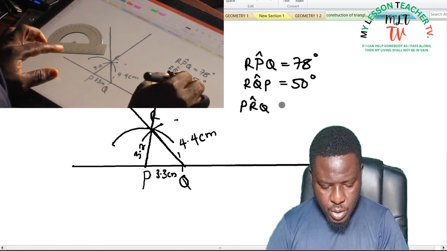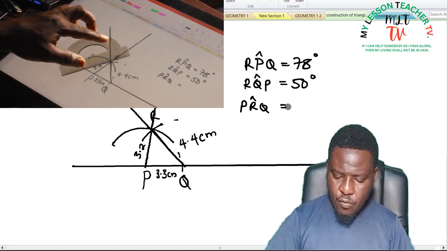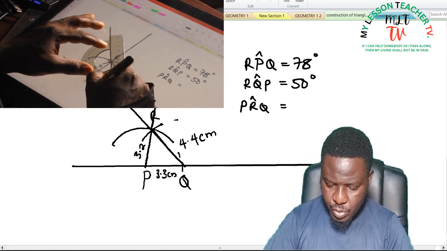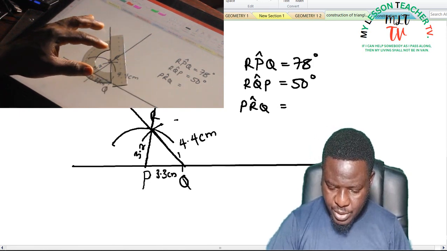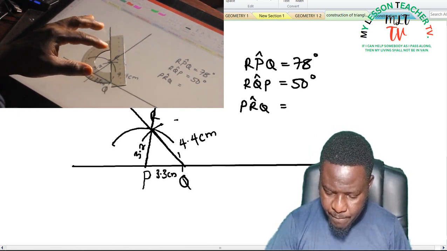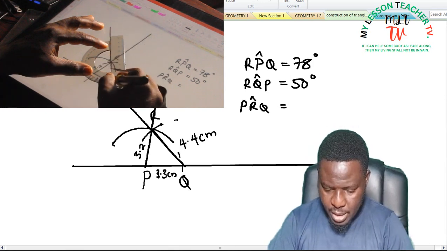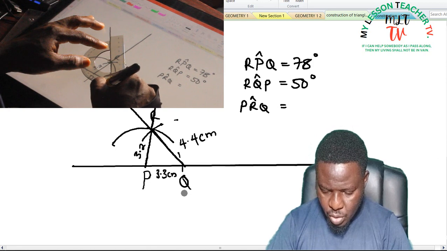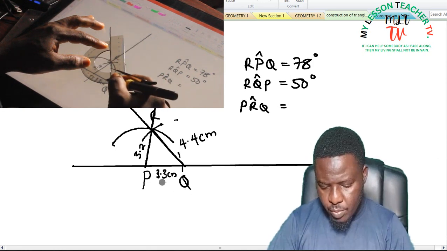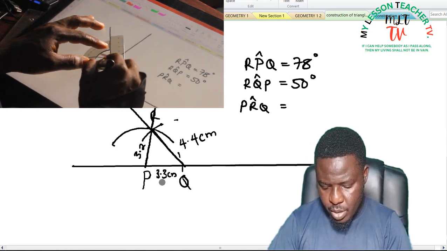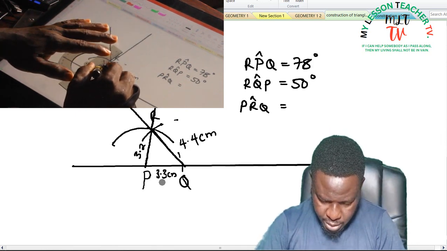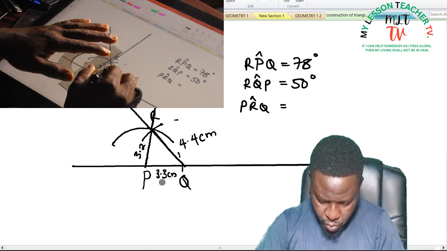PRQ is equal to, now for you to measure angle PRQ, your protractor is going to be in this form, okay, and you ensure that the horizontal lines are parallel, and then you measure. Okay, I need to extend this also in order for me to get that angle.